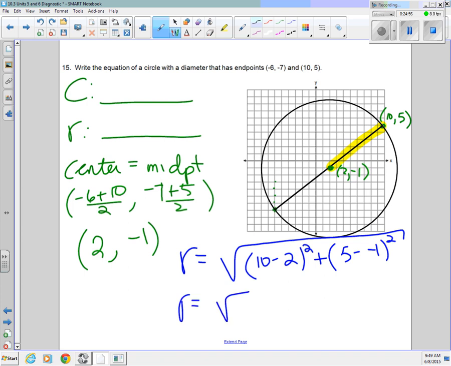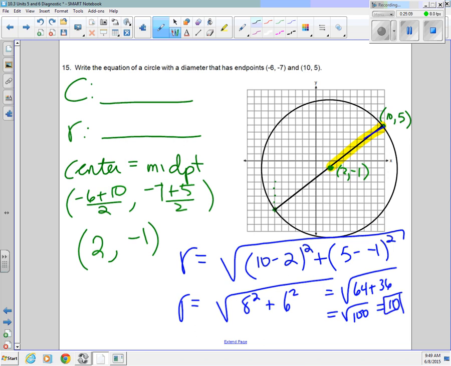So my radius would be the square root of 8 squared plus 6 squared. That's the square root of 64 plus 36, which is the square root of 100, which is 10. By the way, you could have also used the distance formula on the entire diameter. You would have gotten 20, and you take half of that to get 10.